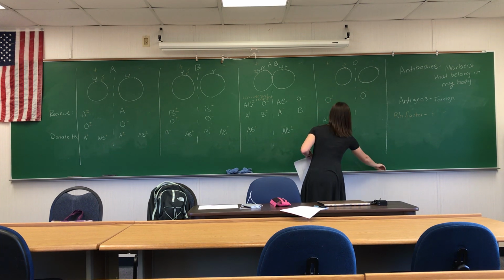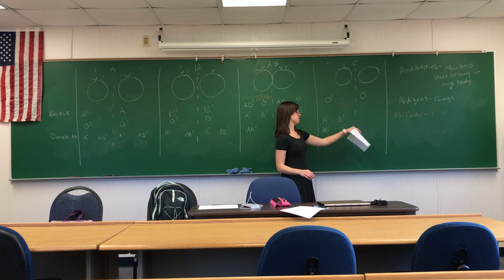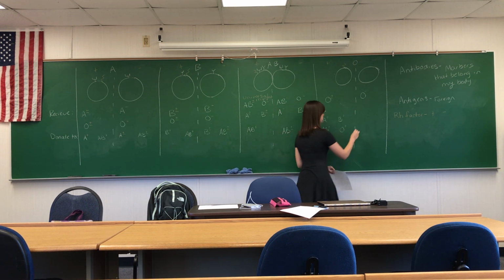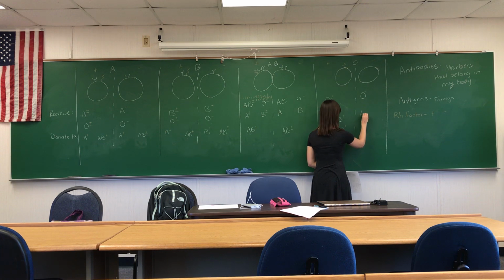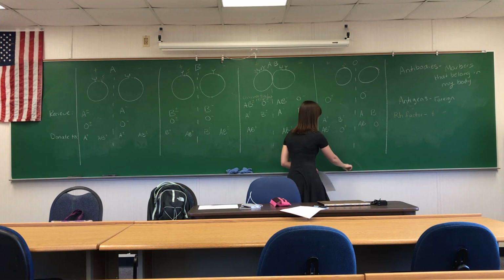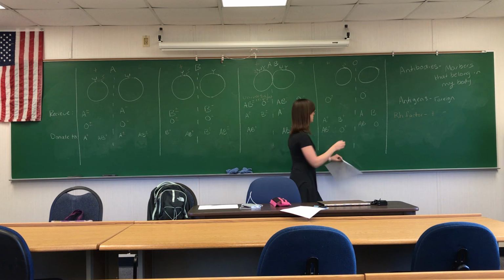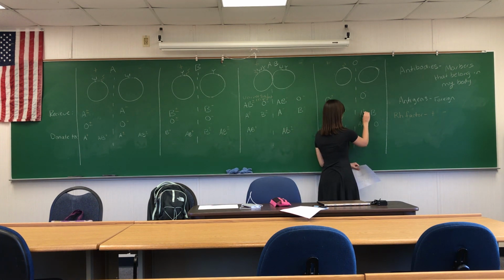So now our O negative blood can donate to the same letters, right? It can donate to A and B and AB and O, but it doesn't have RH factor either, which means that it can donate to A positive and A negative, B positive and negative, AB positive and negative, and O positive and negative.